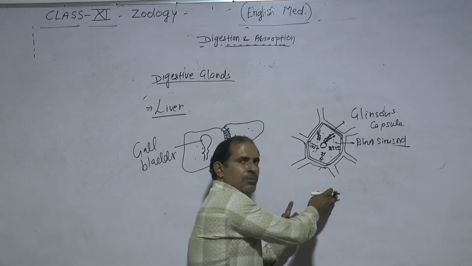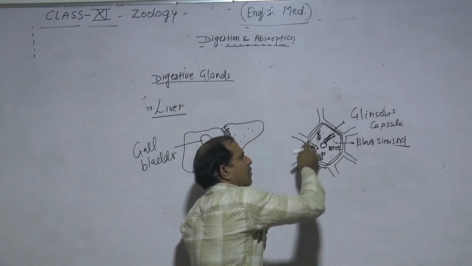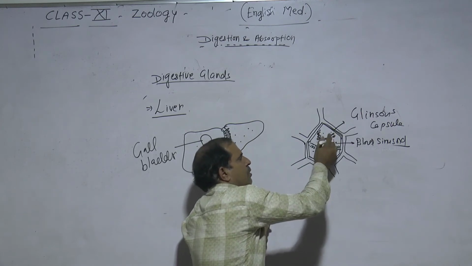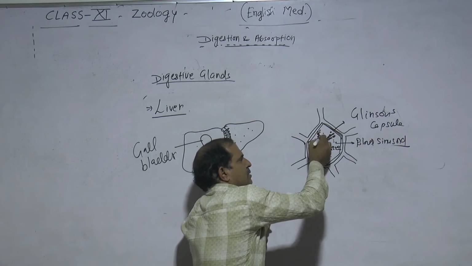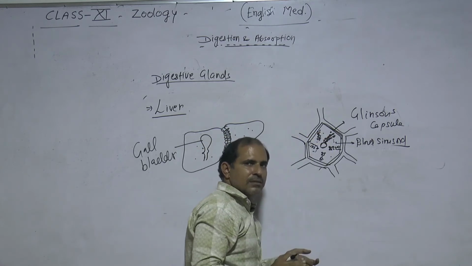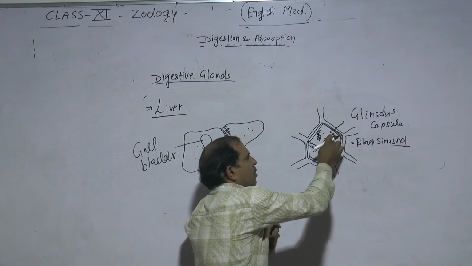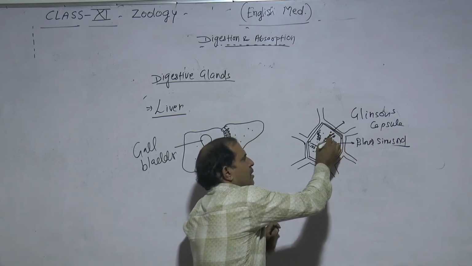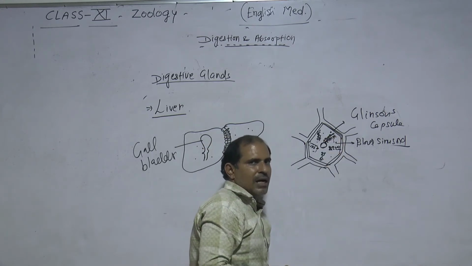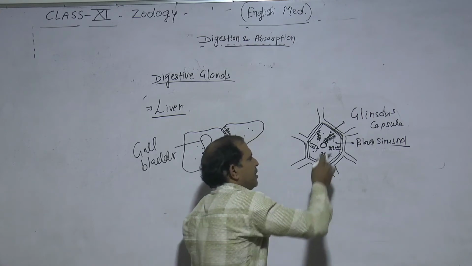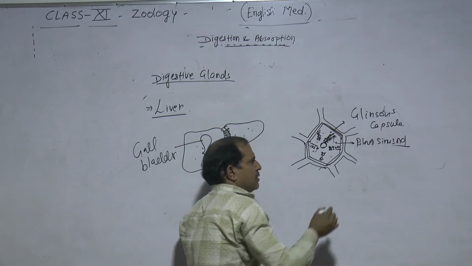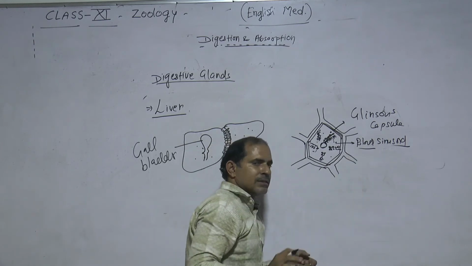This is hepatic lobule, which is surrounded by Glisson's capsule, and in the hepatic lobule, hepatic cords are present, and these hepatic cords are made up of rows of hepatocytes, and in each cord about two or three rows of hepatocytes are present. Between these hepatic cords, the space is called blood sinusoid, in which blood is present.